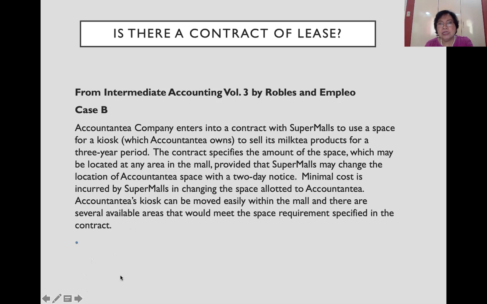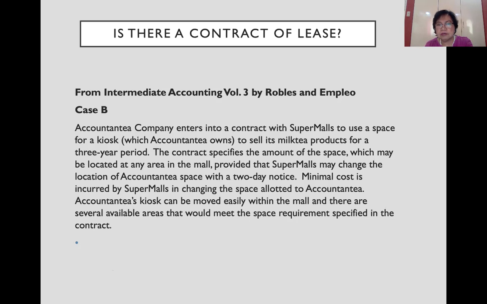Then case B, accountant T company enters into a contract with supermalls to use a space for a kiosk, which accountant T owns, to sell its milk tea products for a 3-year period. The contract specifies the amount of the space which may be located at any area at the mall, provided that supermalls may change the location of accountant T space with a 2-day notice.